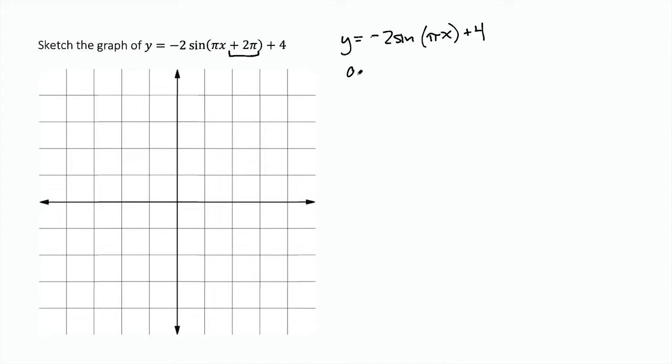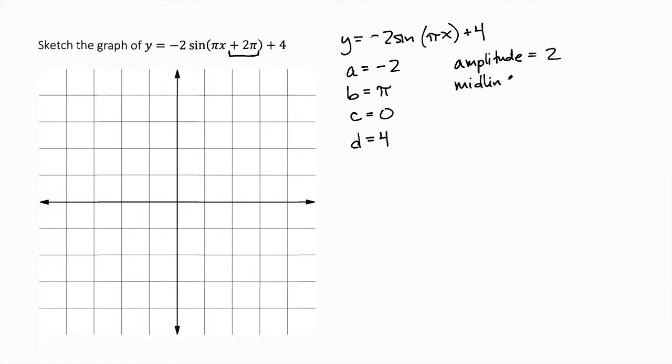Now we're going to start with identifying the different pieces of the function. A is -2, B is pi, C is 0, because I'm working off of my new simplified form, and D is 4. And we can get all of our key features from that. Our amplitude is the absolute value of A, so that's 2.